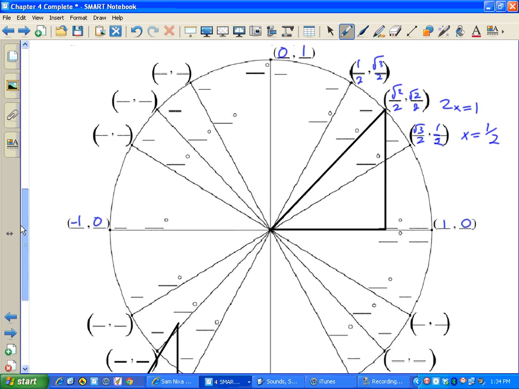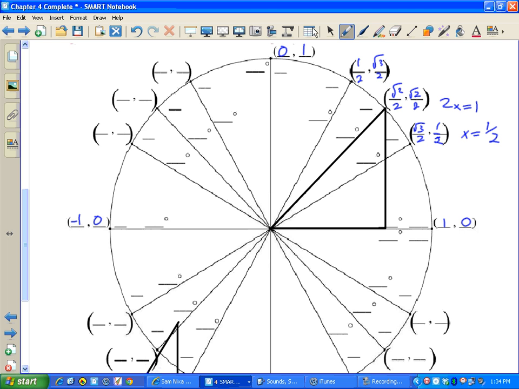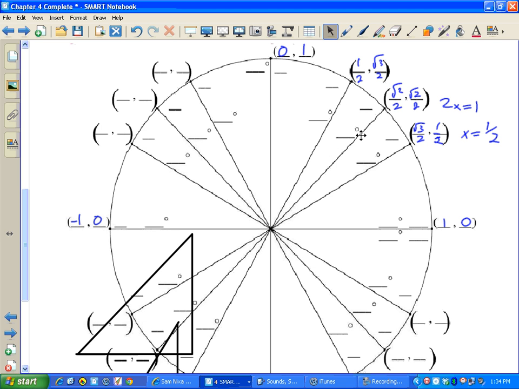These are the only values that you have to know in order to fill in the rest of your circle. Because what you're going to look at is, if you're dealing with one of the 45 or the pi over 4 angles, then you know that it's going to be square root of 2 over 2 away in both directions, over and up.